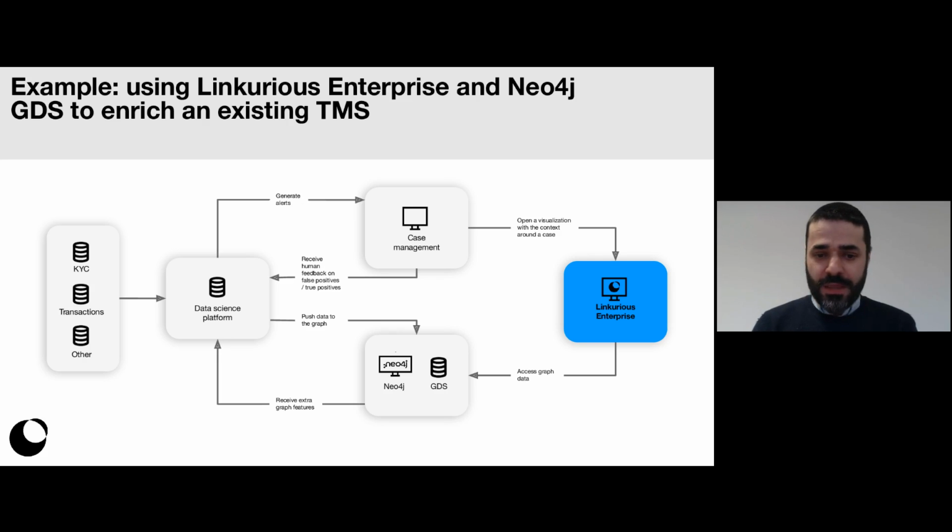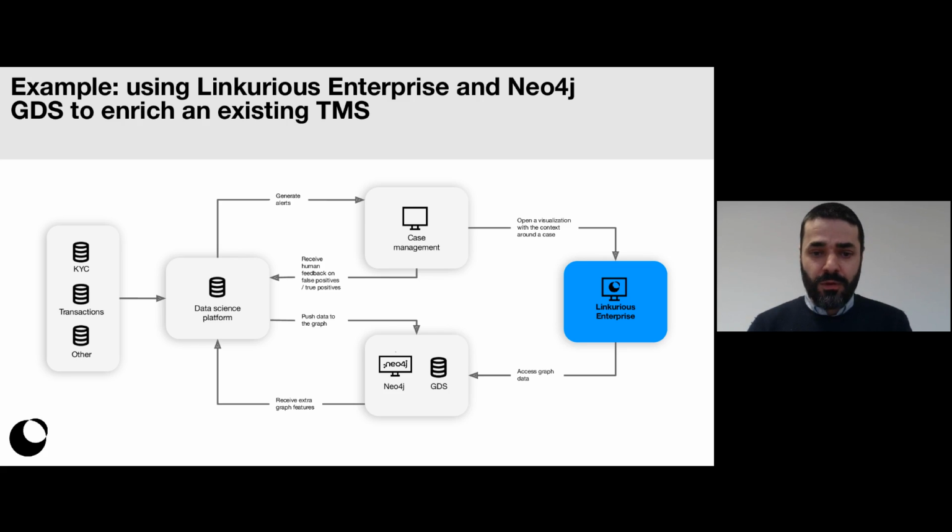And it's been augmented by pushing the data in the graph database, where extra analytics can be conducted to add some additional features to the data, graph features that can be leveraged to detect new potential issues.